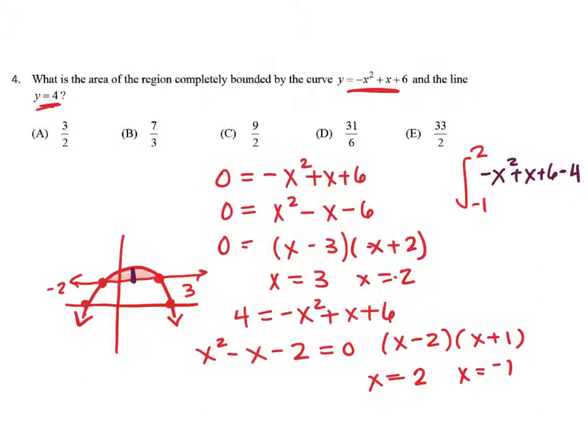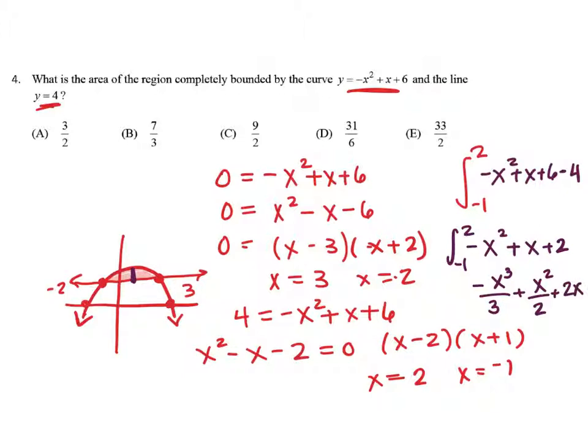All right, now let's go ahead and finish the integral. We've got from negative 1 to 2, and that's going to be negative x squared plus x plus 2, isn't it? So we're going to have negative x cubed over 3 plus x squared over 2. Y'all with me?